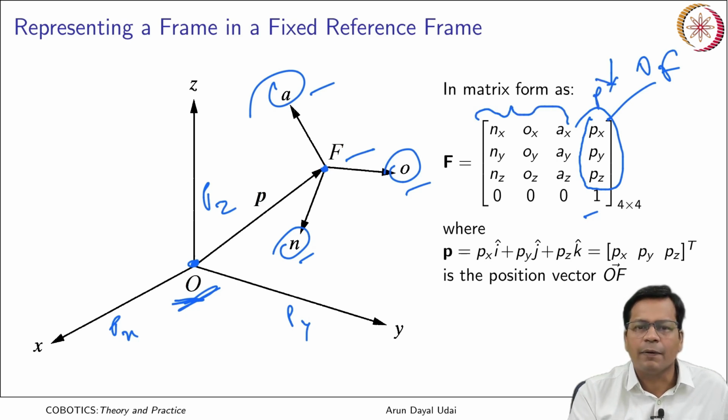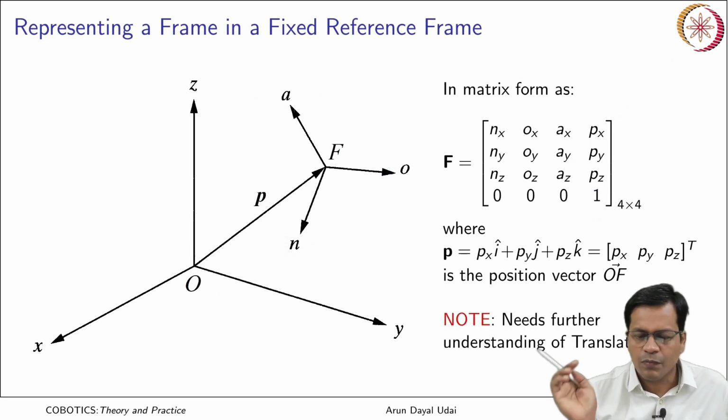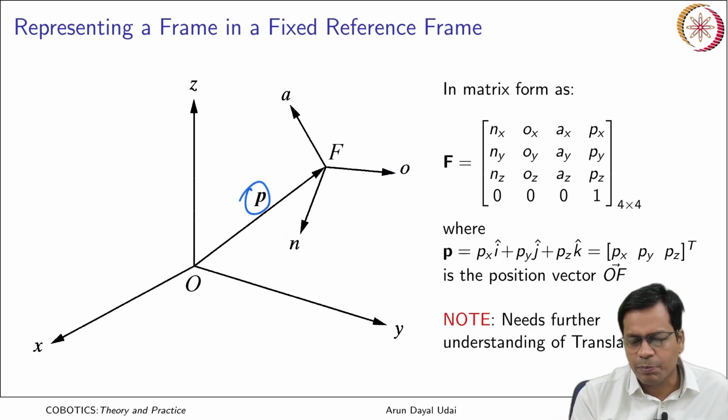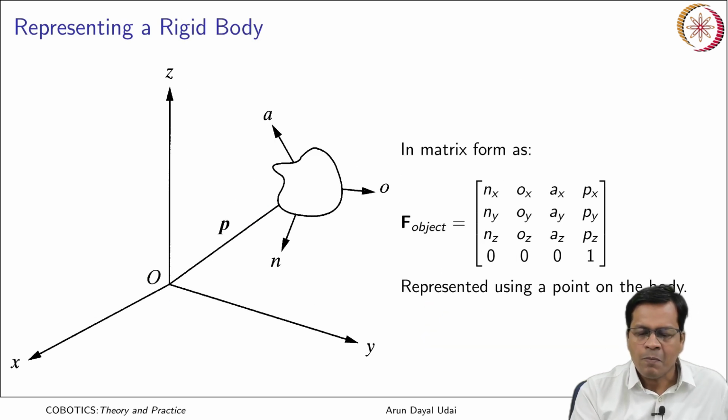So this finally tells you the position and orientation of the frame in space. Over here you saw it is Px, Py, Pz, that is the translation along x, y and z direction. We will discuss more about this later on in this lecture.